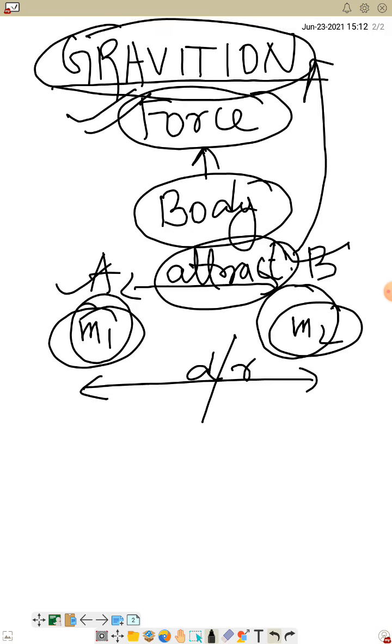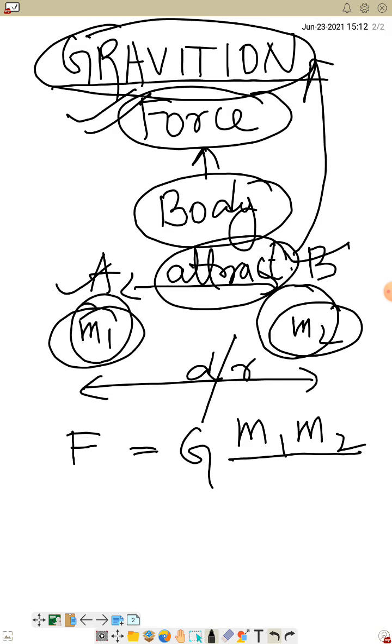Now mathematically, this gravitational force is denoted by capital letter F, where F equals G m1 into m2, that is the mass of the first body multiplied by the mass of the second body, divided by the square of the distance between them. And this G is called the gravitational constant.